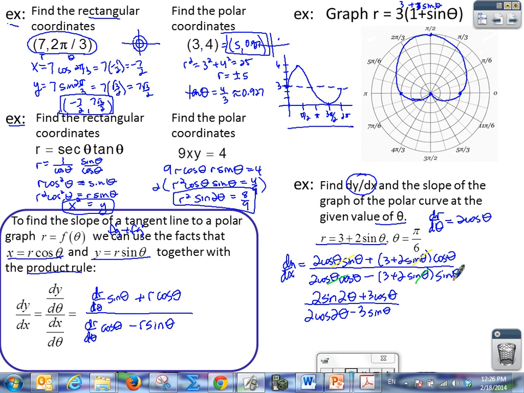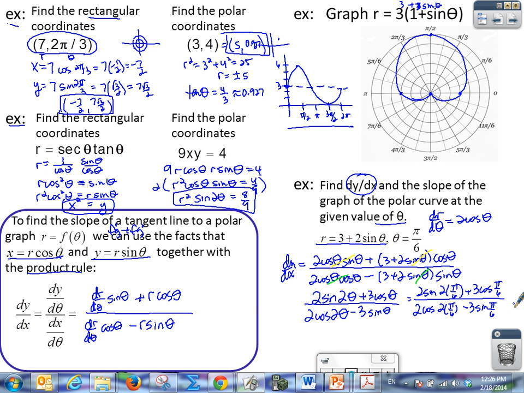So now we sub in our pi over 6. So I have 2 sine 2 times pi over 6 plus 3 cosine times pi over 6, over 2 cosine 2 times pi over 6 minus 3 sine pi over 6.